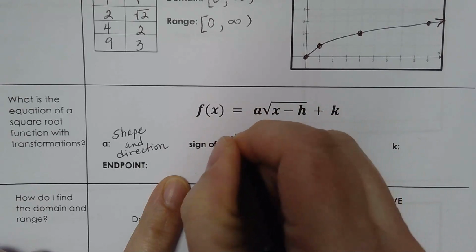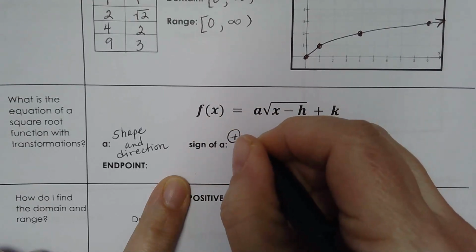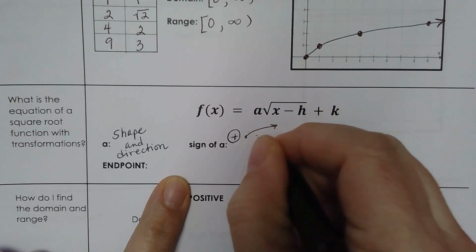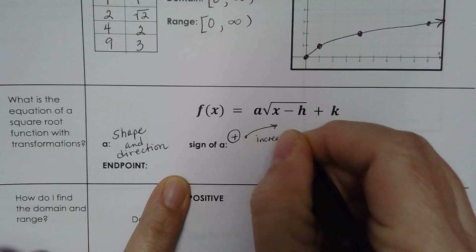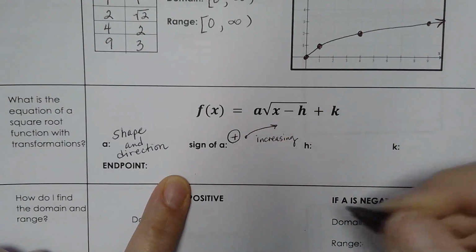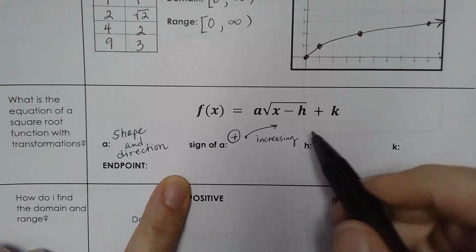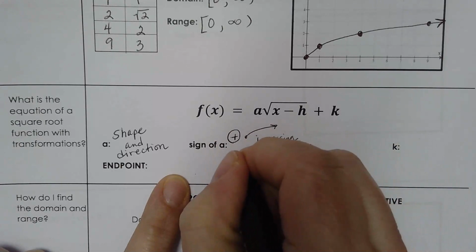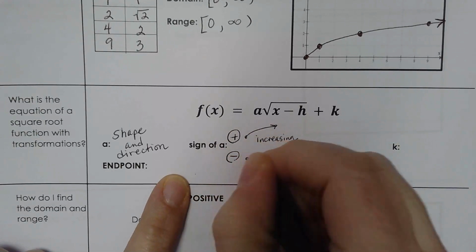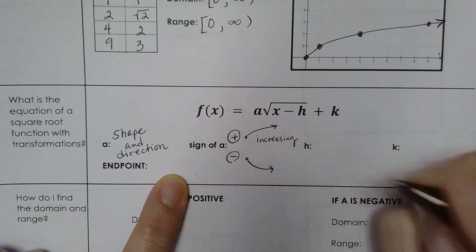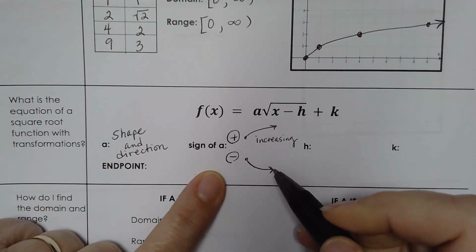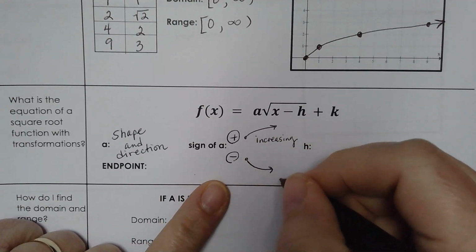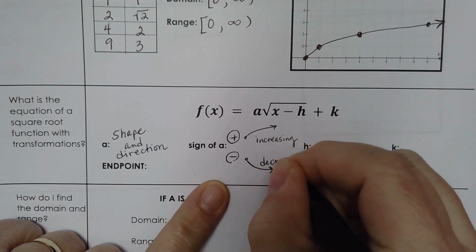If A is a positive number, then your graph will be increasing. As x increases, y will also increase. So if I was walking on this curve, I would walk up the hill. If A is a negative number, then my graph will have a reflection. It'll be upside down. It still moves to the right. But because as x numbers increase, y numbers will decrease, we call this a decreasing function.